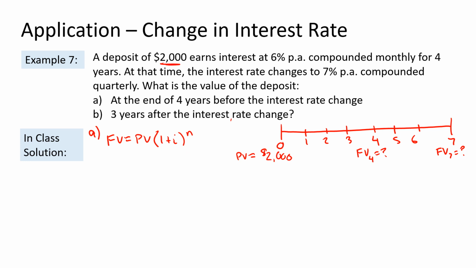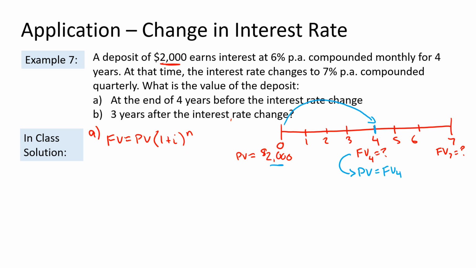First, you need to take your money today, $2,000, and find the future value at year 4. You're then going to take that future value and we're going to pretend that we're 4 years in the future. So now that future value becomes your present value for your next question, because we're transporting ourselves 4 years in the future.